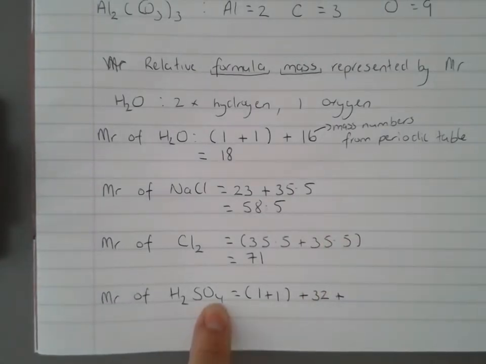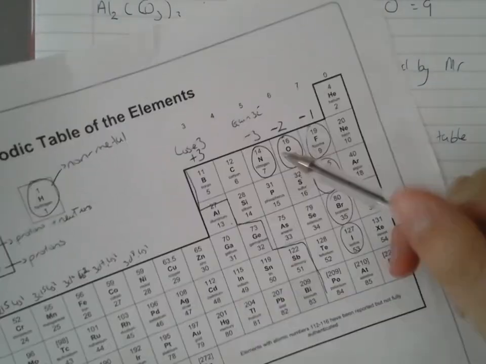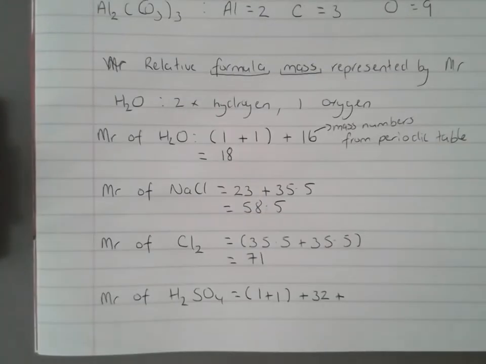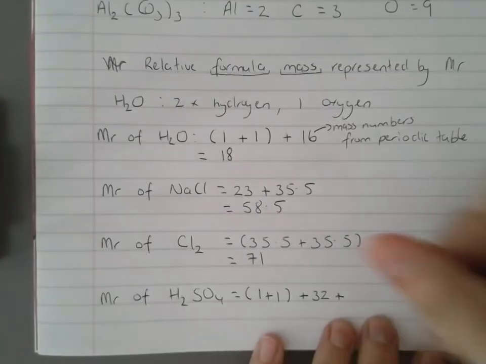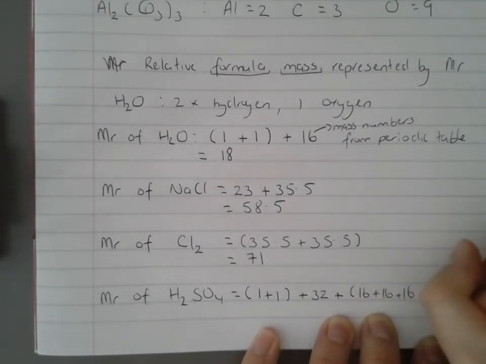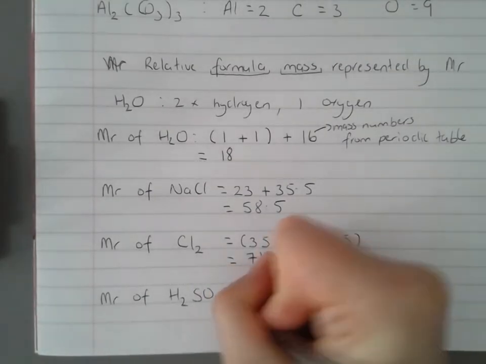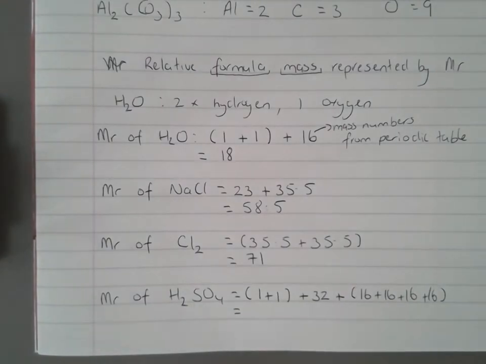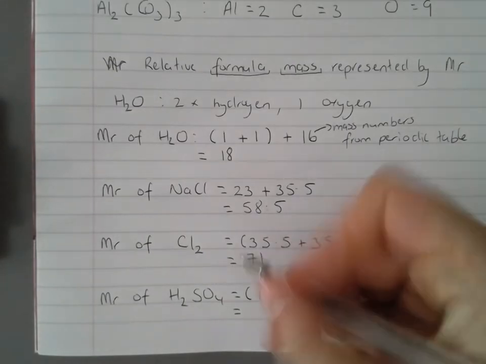And then I have got 4 oxygens. The big number next to oxygen is 16. And I've got 4 of them. So I can write this as 16 plus 16 plus 16 plus 16, or you could also just write 16 multiplied by 4, which will be a little bit easier. You add them all together, and you get 98.